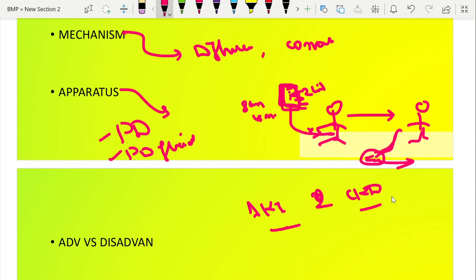So PD fluid composition, they might not ask you. The osmotic agents used in the PD fluid are dextrose and icodextrin.